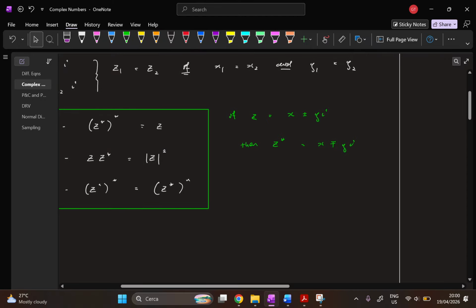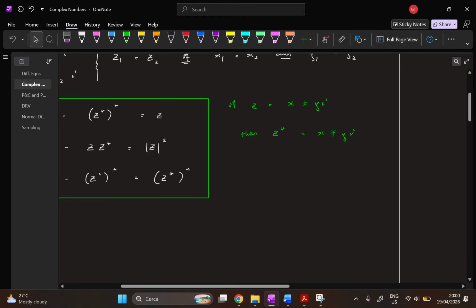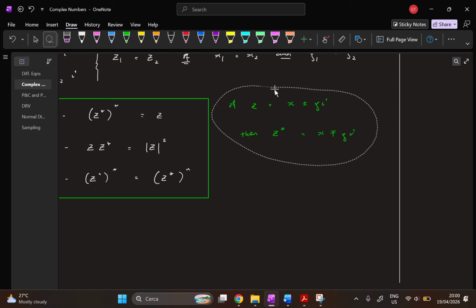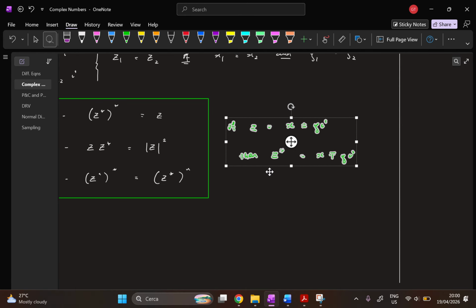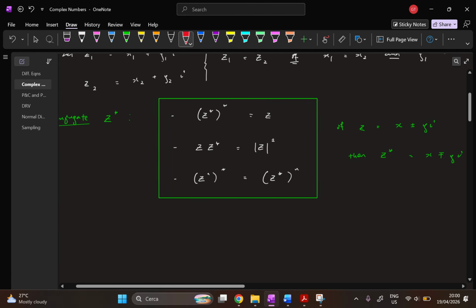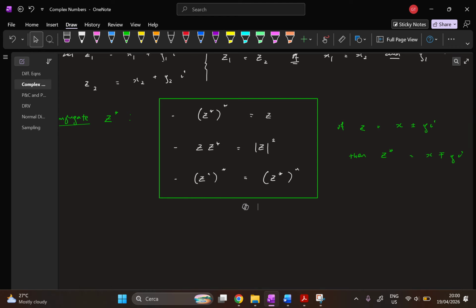So if, let's say, z is x plus yi, z conjugate will be x minus yi. Likewise, conversely, if z is x minus yi, then z conjugate is equal to x plus yi. So any pair of conjugate complex numbers are always conjugates of each other. That's why I have the property on top here, that the conjugate of the conjugate is just the number. Okay, so that is nice and good.